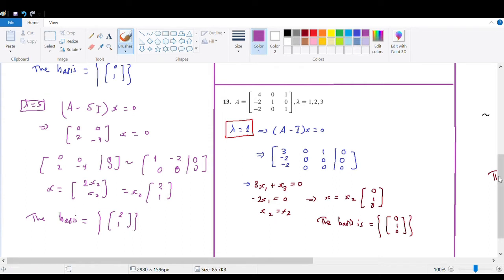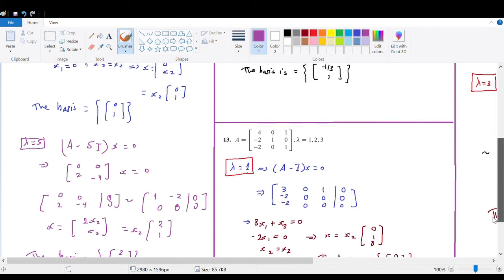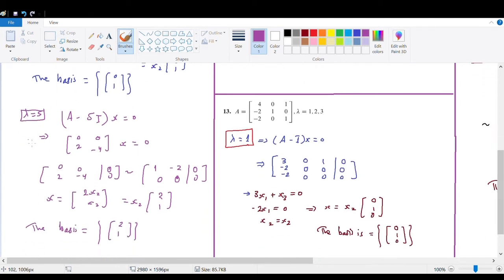So for lambda equal to 1, we need to solve A minus I multiplied by x is equal to 0 and find the solution. Similarly, when lambda is equal to 5, we need to solve A minus 5I multiplied by x is equal to 0. Doing the row operations, we find the basis.